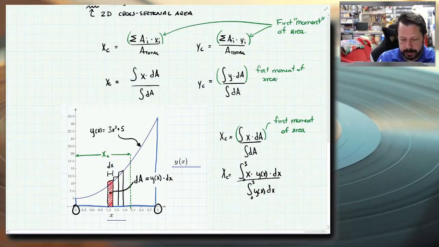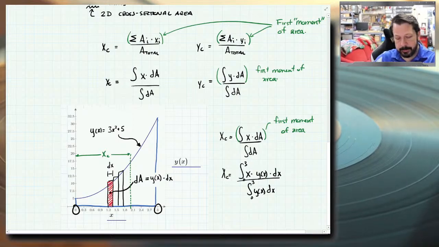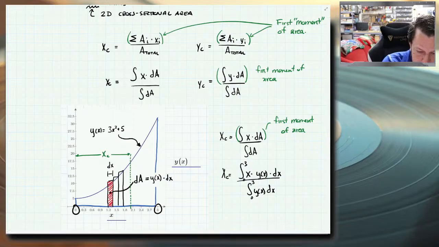When I want to think about that, and I'm using these strips, if I think about the red strip being an actual bar that has weight and mass and a force associated with those things, and I wanted to calculate the moment that that bar creates about the x-axis, I wouldn't multiply times the whole height of it.